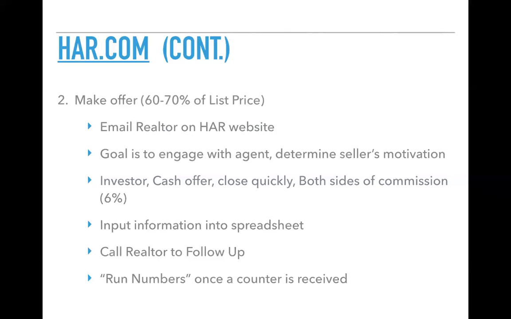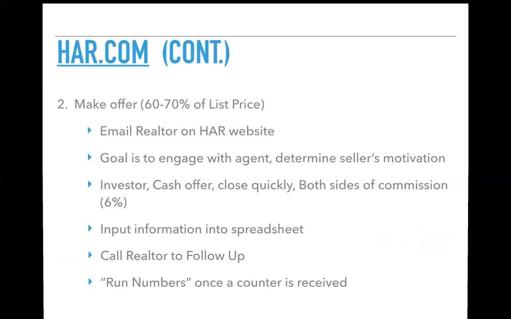So from an efficiency standpoint, we can't afford to run numbers on every single lead, especially if they're not going to play ball with us or it's not a discount type of property. We don't need to spend time analyzing until we know it's a potential deal.